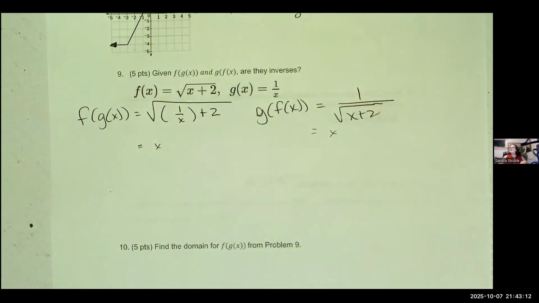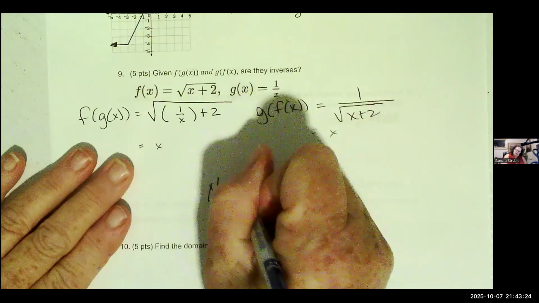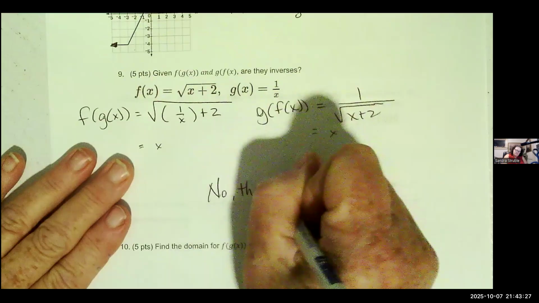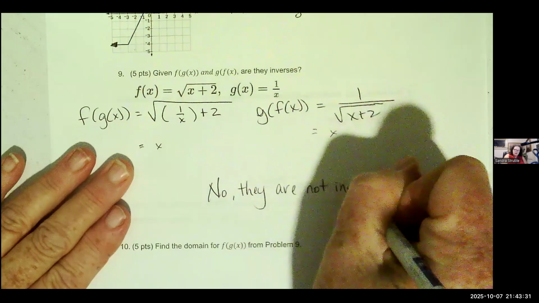And I don't foresee that happening in this case. There's no way I can simplify them down to make it look like an x. Okay, so no, they are not inverses. This is good because in class, all we had was inverses that worked.